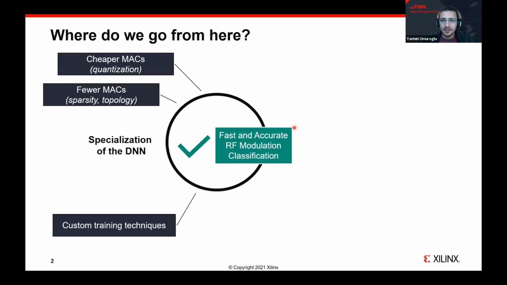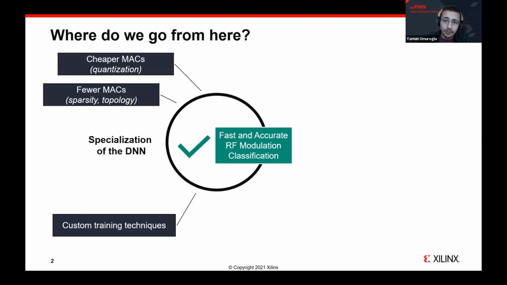So in this challenge, you've trained these specialized DNNs. You've applied these specialized techniques for quantization, sparsity, topology design, custom training techniques, which we're very happy to see, all of which were utilized across the board to actually obtain these accurate DNNs with low inference costs. So where do we go from here? Is that actually enough?